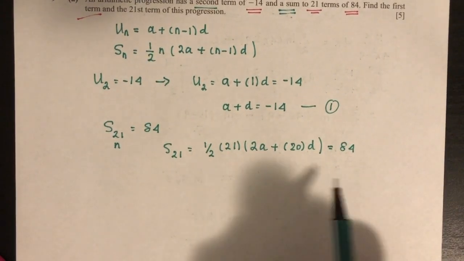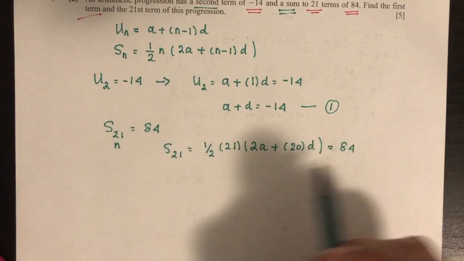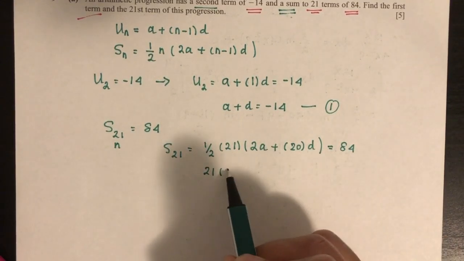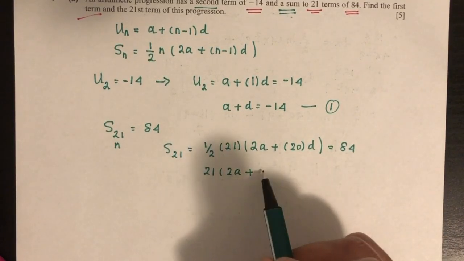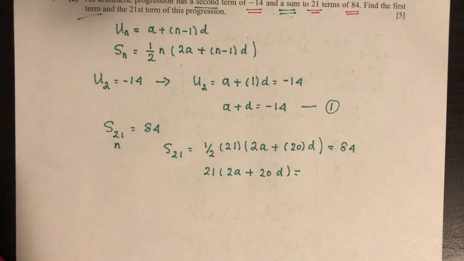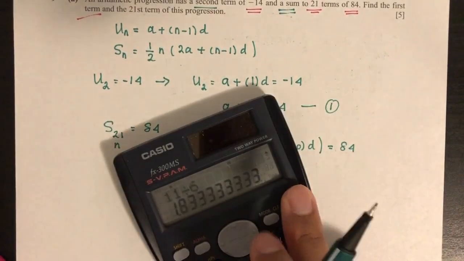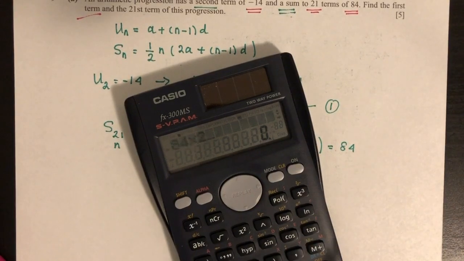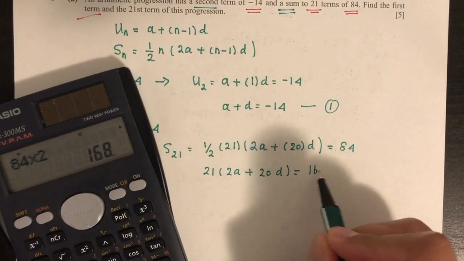Now you can simplify. Send 2 over here, you will have 21 times 2a plus 20d equal to 84 times 2, that will be 168.